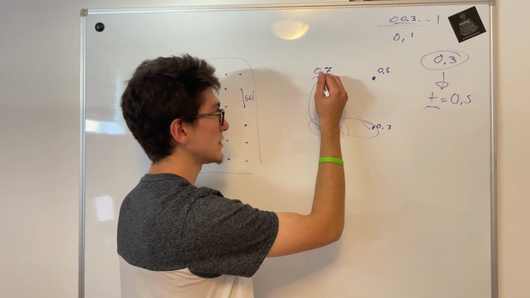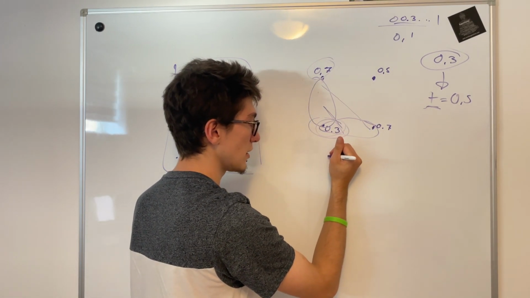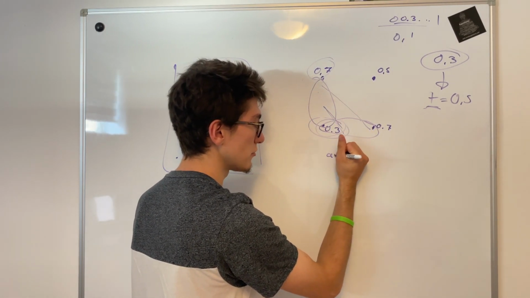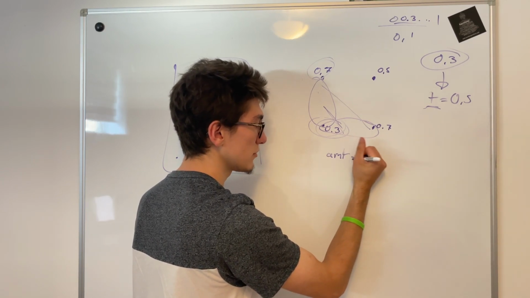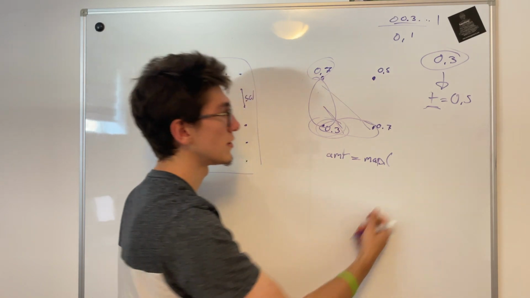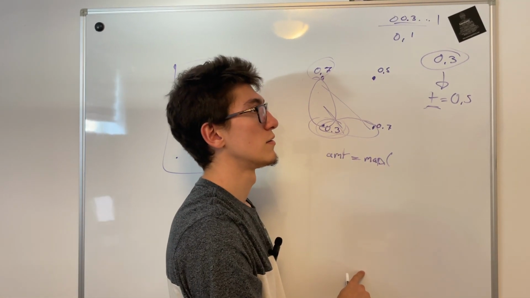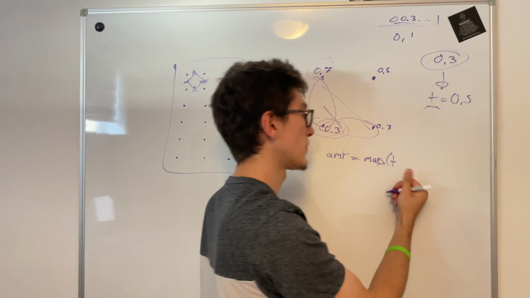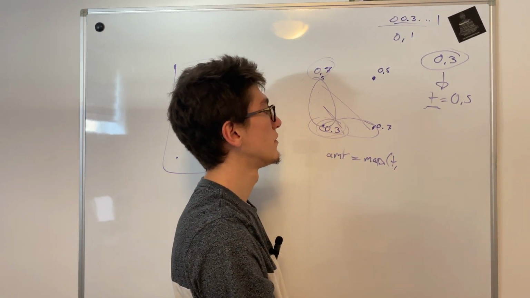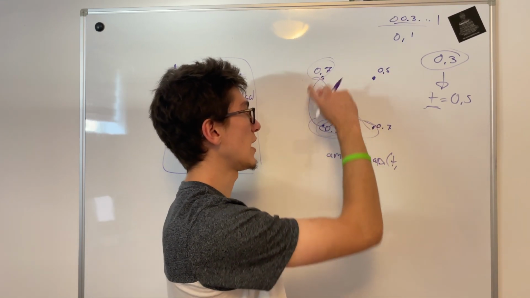So we can say, for this one, 0.7, 0.3. Let's say the amount we want to lerp by, t for amount, is equal to the map of the threshold t and both values that we have, right?